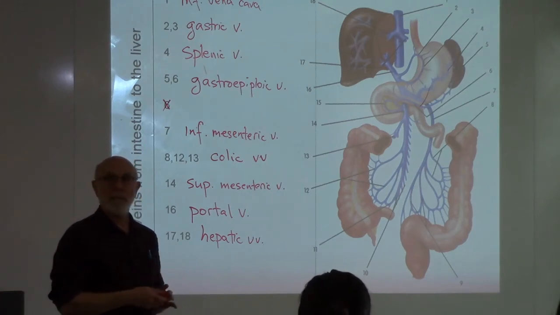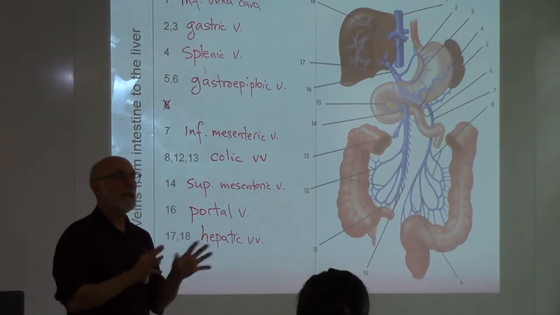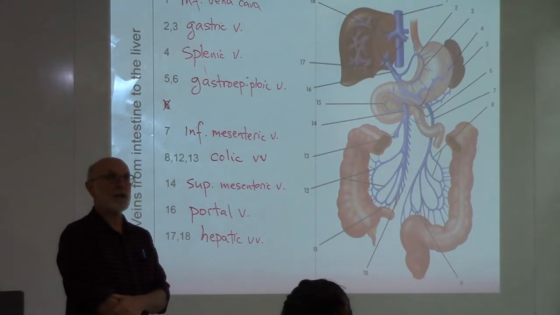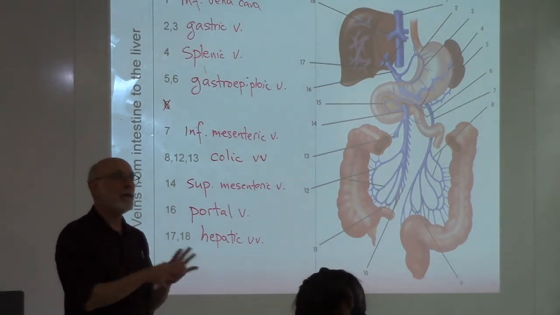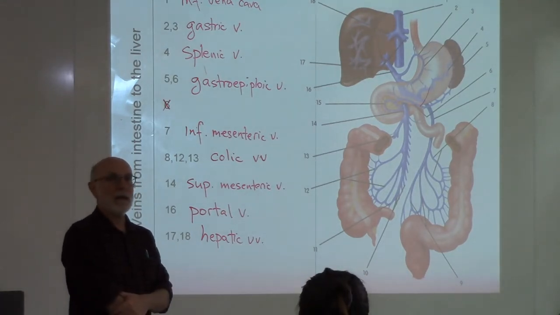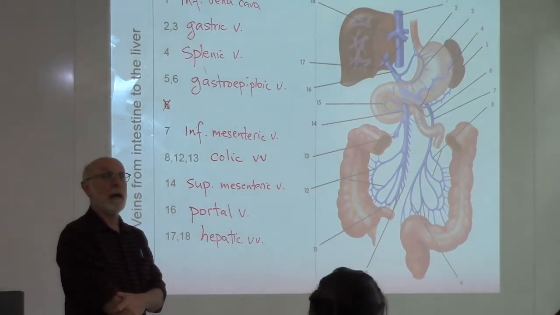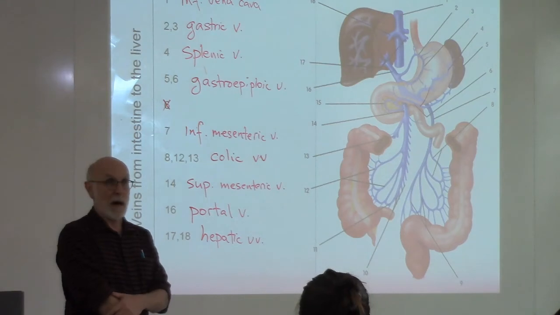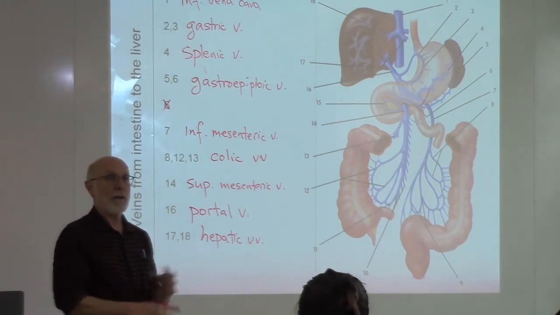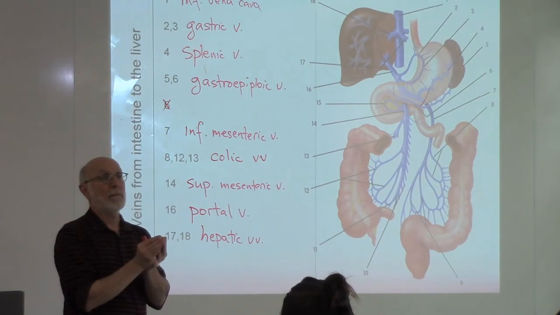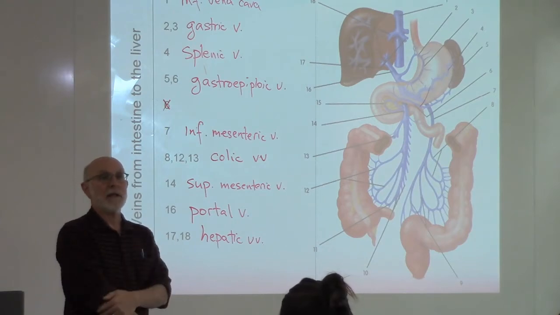Branches of the portal vein then feed into the liver lobules, where the blood goes into those sinusoids and perfuses around the hepatocytes. The blood then collects in the central vein of the lobule, and those central veins then merge to form the hepatic vein, and then the hepatic vein goes to the inferior vena cava.